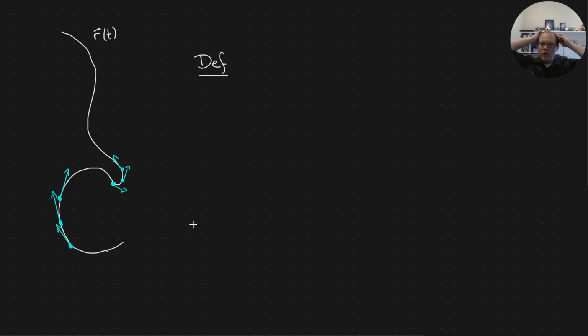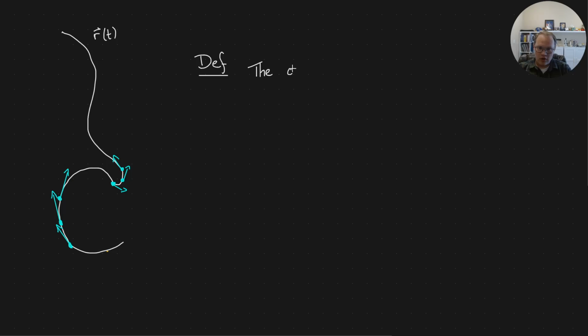Okay? So the curvature shouldn't depend on how fast we're going around the curve, right? Curvature should be independent of the parameterization. It should just depend on the direction. So rather than looking at how r prime changes, which would be the second derivative, r double prime, since we don't want to focus on the magnitude, we want to only focus on vectors of a set length, unit tangent vectors, okay?